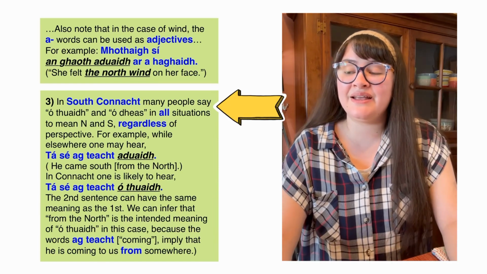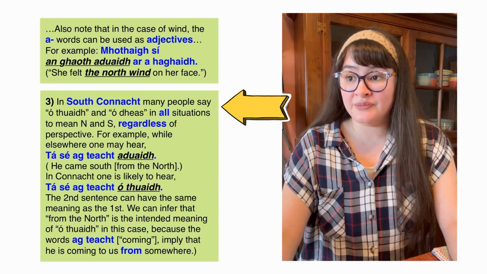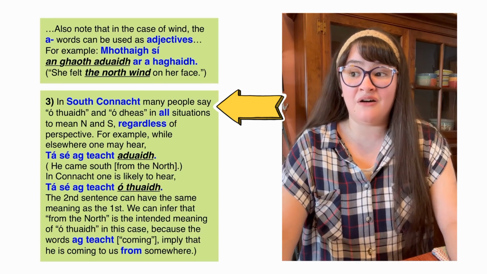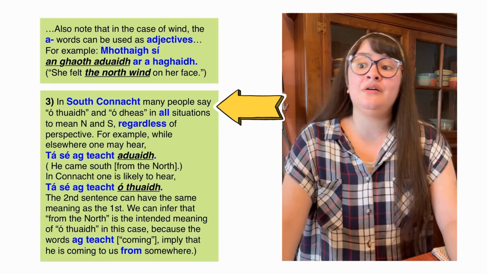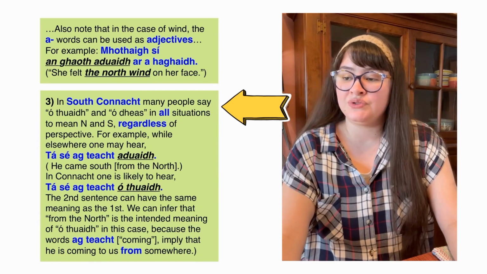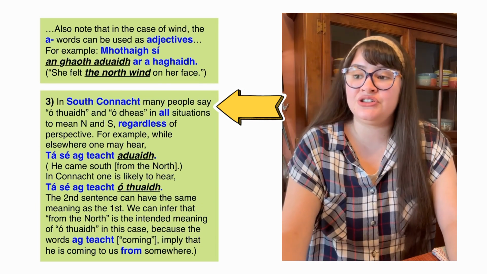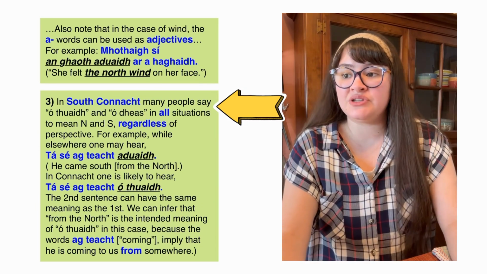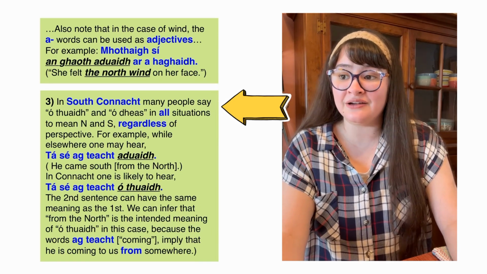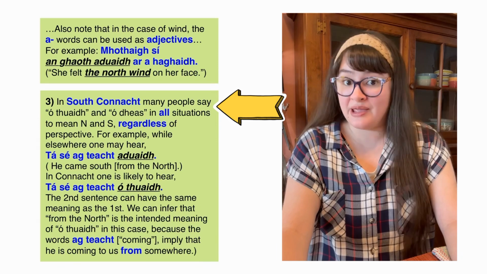Third tip. In South Connacht, many people say ohui and oyas in all situations to mean north and south, regardless of perspective. So, for example, while elsewhere one may hear Tashed chart adue, he came south from the north, in Connacht one is likely to hear Tashed chart ohui.